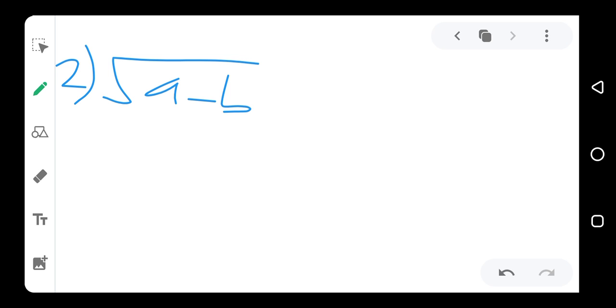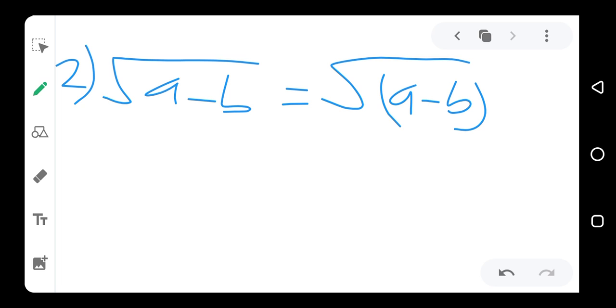So if you have root of A minus B, we just subtract the two things inside the root. It is the same thing as saying root of A minus B.